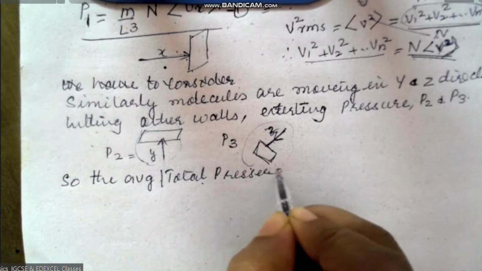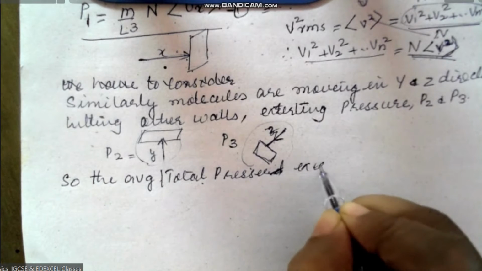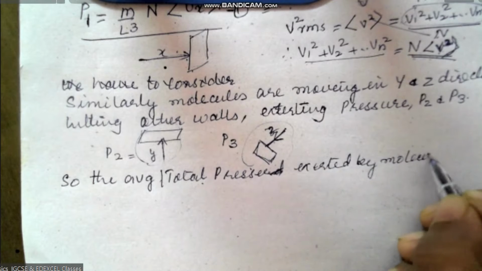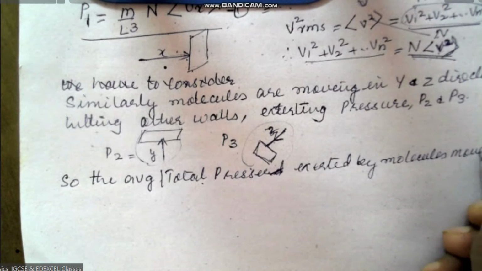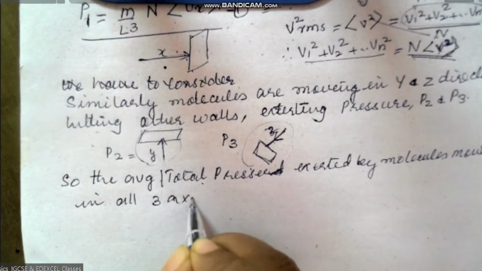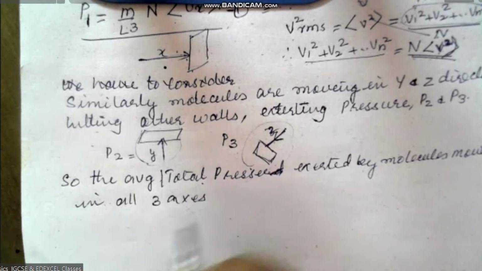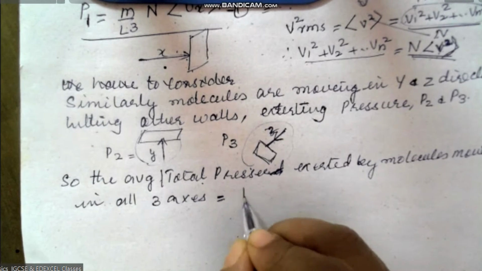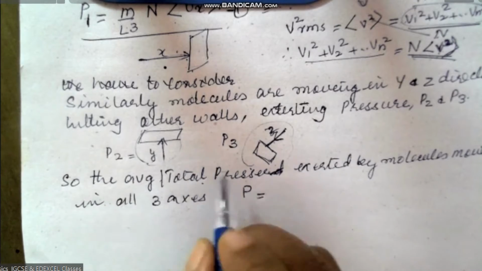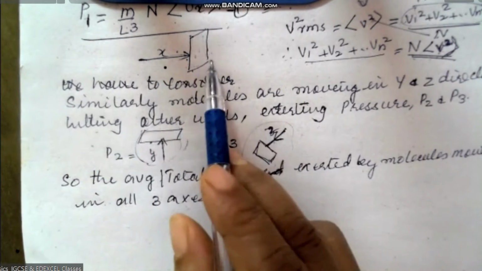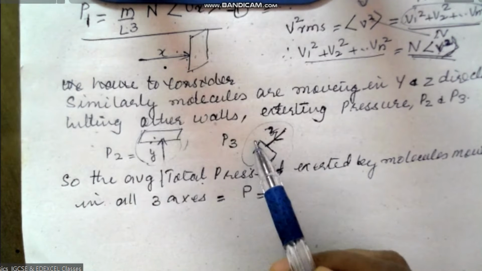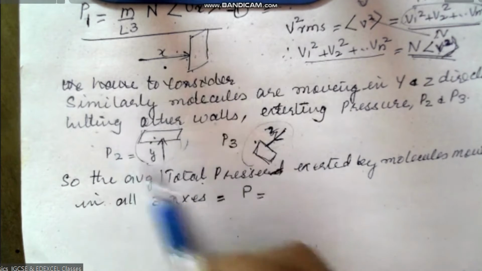So the average or total pressure exerted by molecules moving in all the three axes is equal to, let the total pressure be P, is equal to the average.